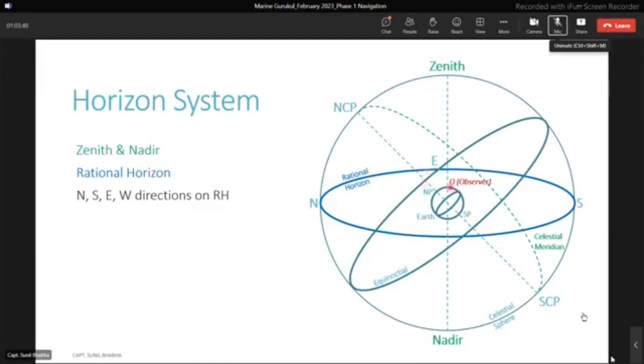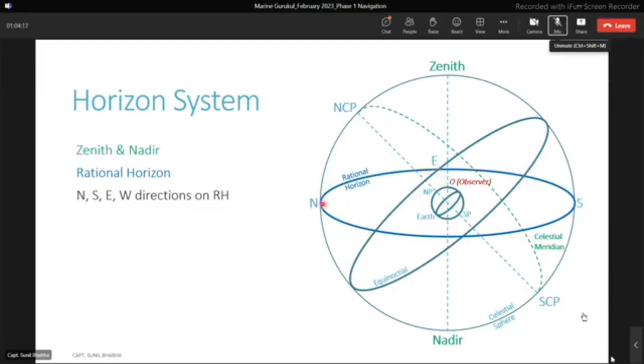So exactly the same thing is represented here in 3D. The observer is here looking at the north direction, which is at this particular location. From north, going in the right direction by 90 degrees, this point, reference point, which we have on the horizon is the east point.